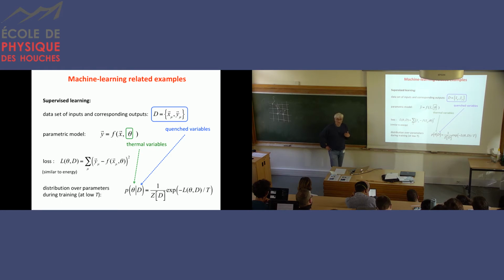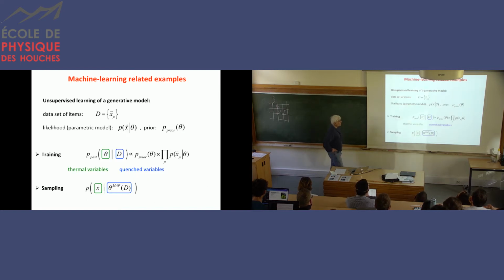Stochastic gradient descent is not going to realize exactly that, but it's a reasonable approximation, where as you decrease the learning temperature, you get closer and closer to the best value of theta. And depending on your data points, this landscape of theta can be quite complicated.